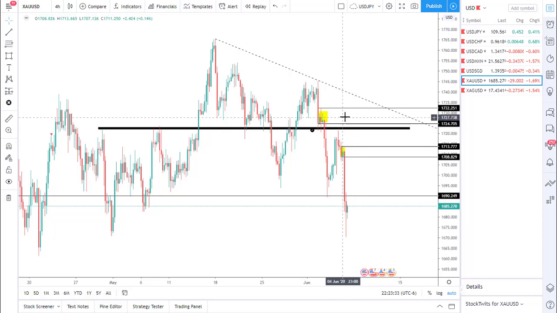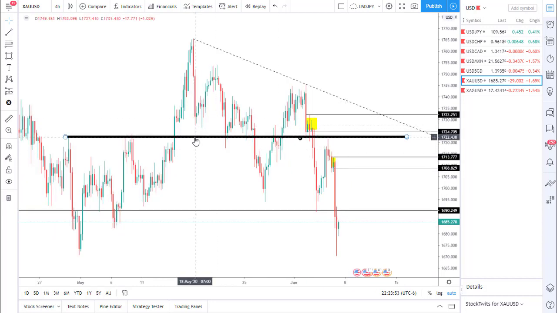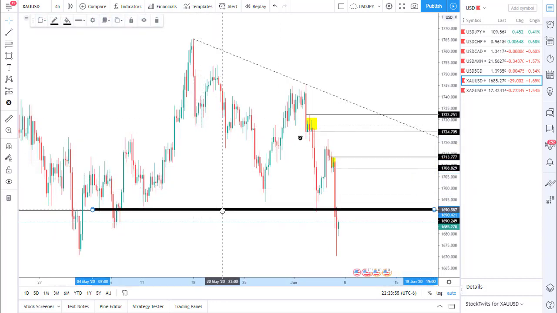I was looking to get short there because many support and resistance traders were trying to short the resistance, so their stop losses were supposed to be there, but unfortunately the price didn't reach my level. I missed my entry by a few pips.